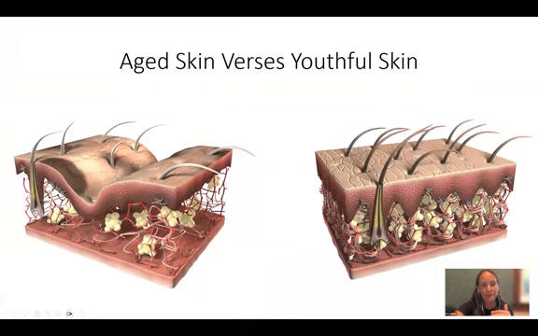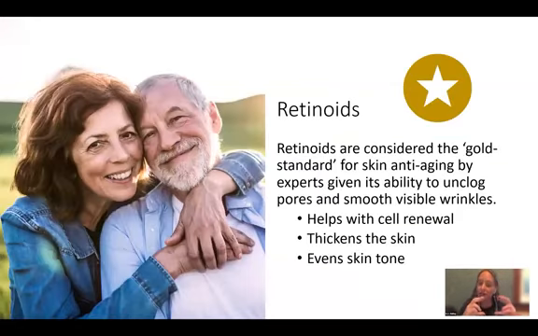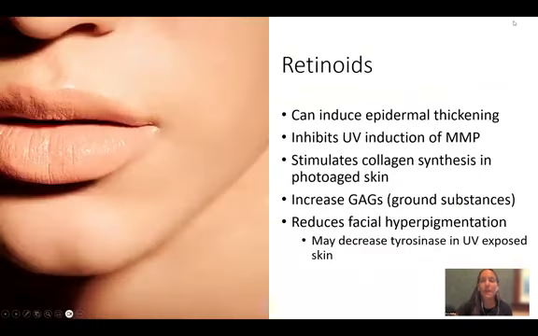The cell renewal is how, at the basal layer of the skin where that dermal epidermal junction is, how well those cells are splitting and creating new cells. It can thicken the skin and help to even skin tone. And retinoids are really considered to be the gold standard among skin aging experts like dermatologists.